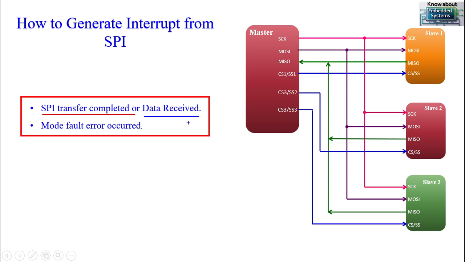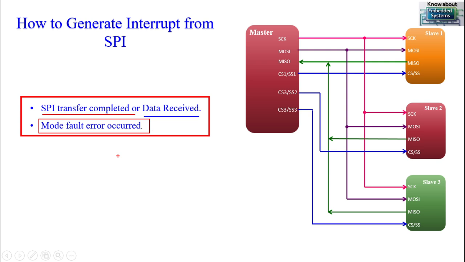In both cases we are able to generate the interrupt. The second scenario is when a mode fault error occurs. An interrupt can be generated even on a mode fault. So what is the mode fault? That I'll explain in one more video later. So at least in these three scenarios we are able to generate an interrupt from the SPI.